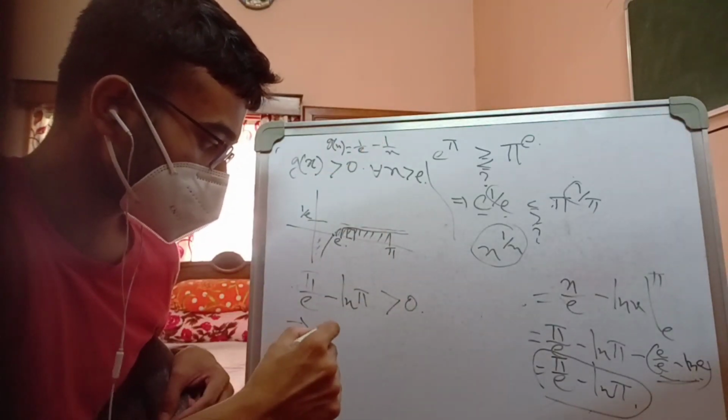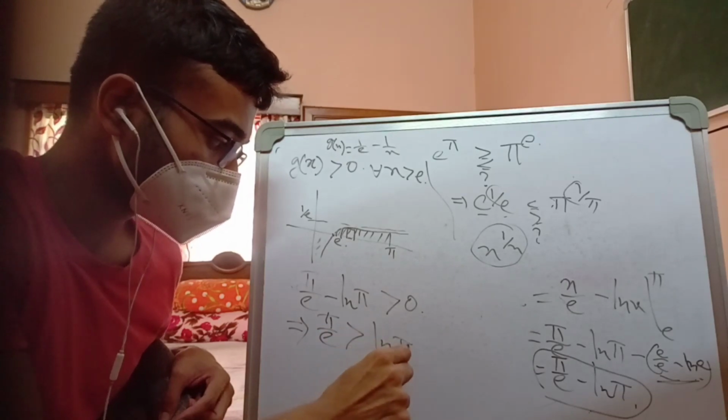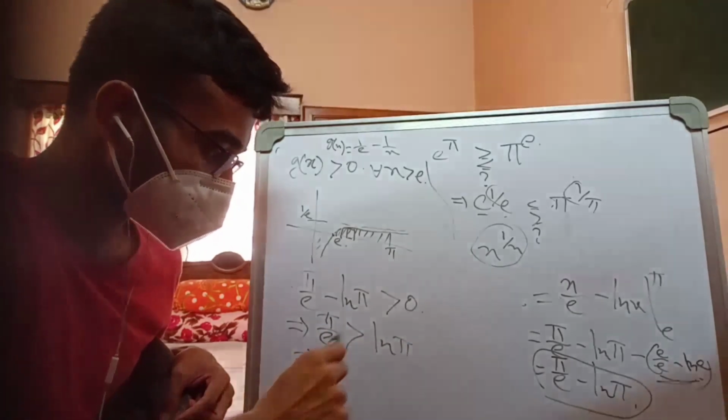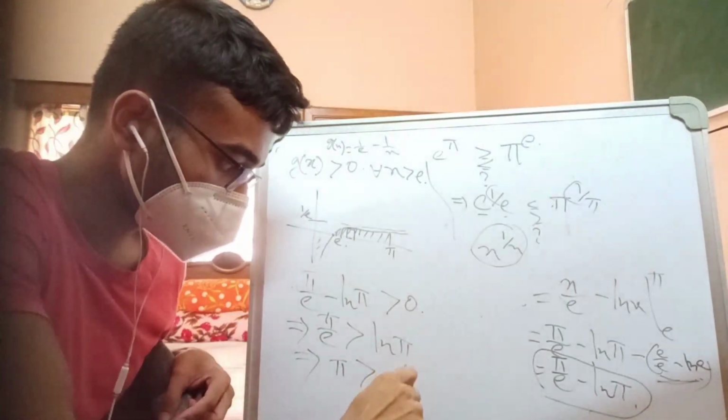Cool. Then we rearrange this a little bit. I mean, pi over e is greater than ln pi. Cool. Then we take the e there.